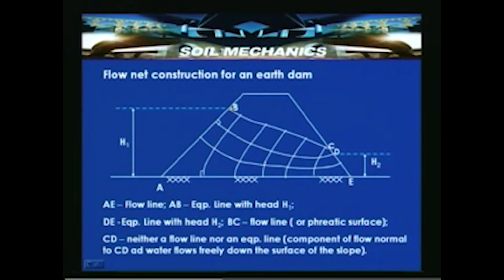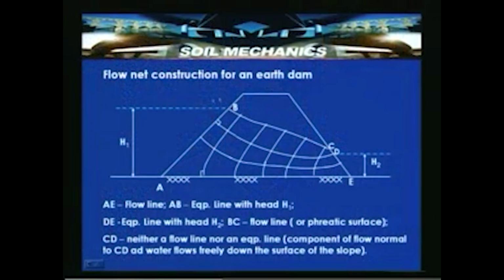Then AB is an equipotential line with head H1, DE is an equipotential line with head H2, AE is the flow line, and BC is the phreatic surface, where an approximated phreatic surface has been shown.